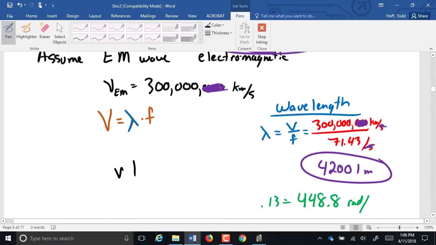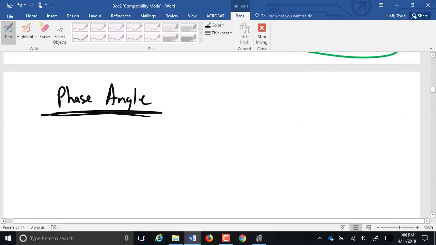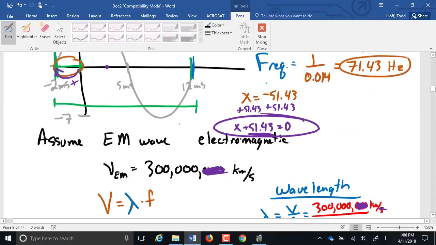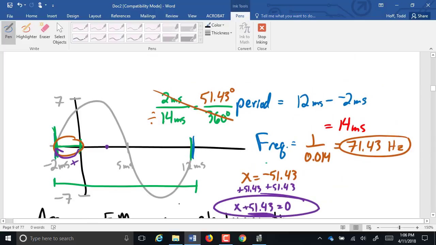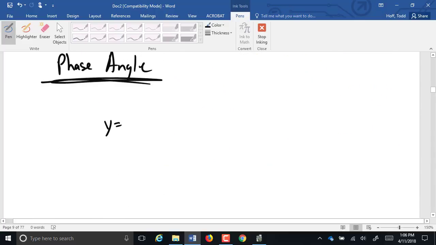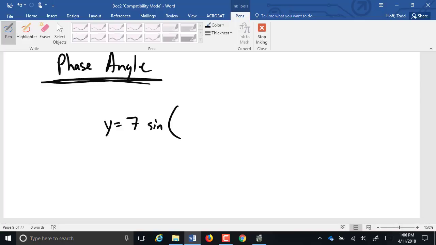So if we wanted to write the equation for this, we could. The equation would be y equals, now I didn't ask for the amplitude here, but what is the amplitude? 7. So the amplitude would be 7 times the sine of, our period was 14 milliseconds.